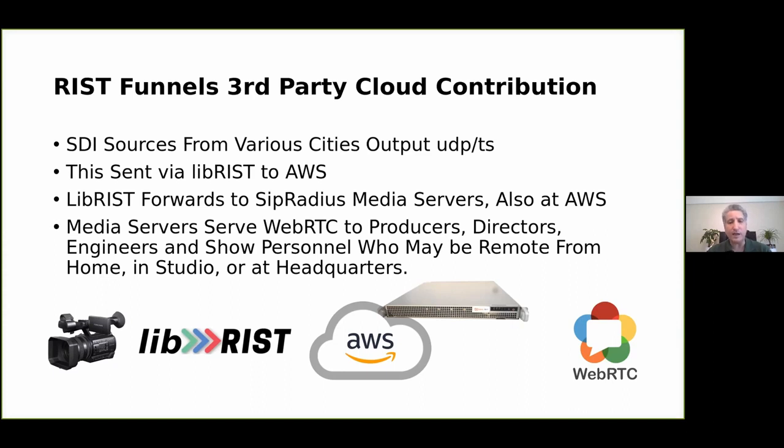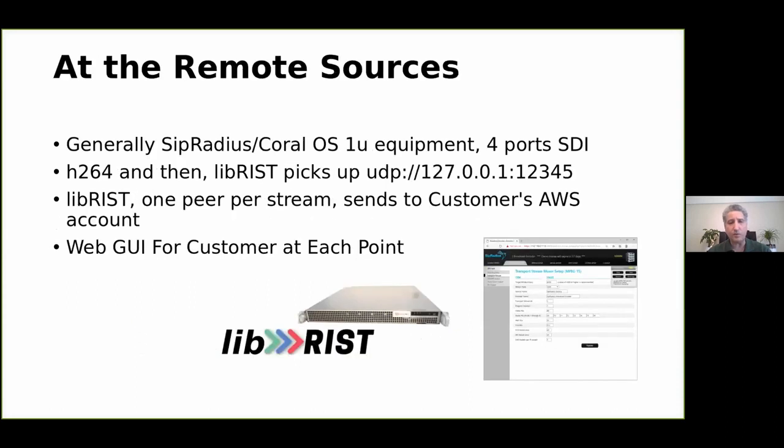We have a built-in gateway in our units that grabs the MPEG-TS, encapsulates it in RIST, and sends it to AWS. On AWS, we have our own images, our own OS that can receive the RIST, take out the MPEG-TS, and turn that into a WebRTC stream, where we put our own layer of security on top of the WebRTC, which already has some, for the immediate remote viewing.